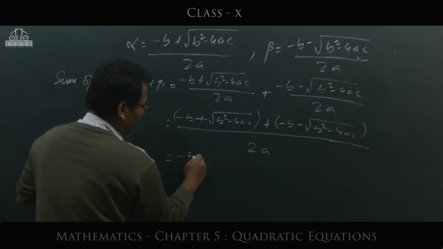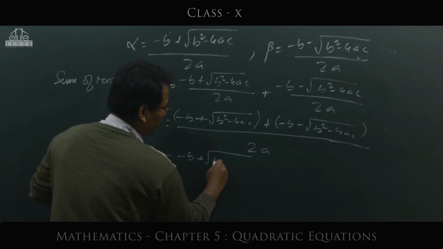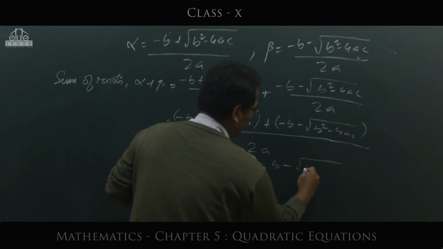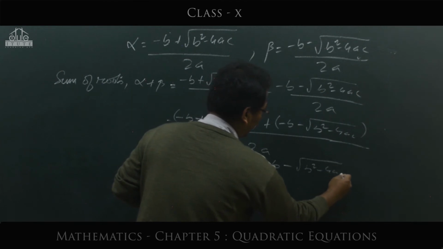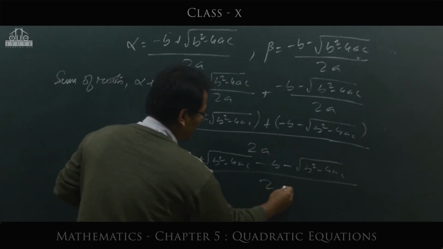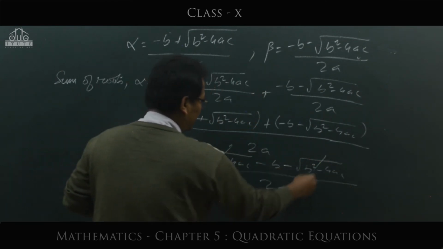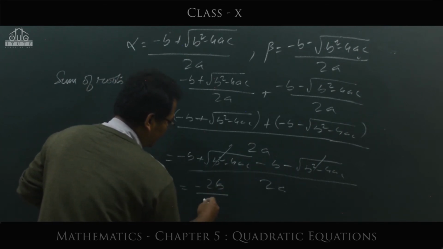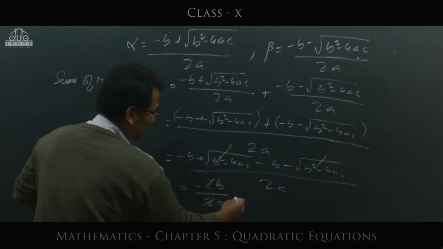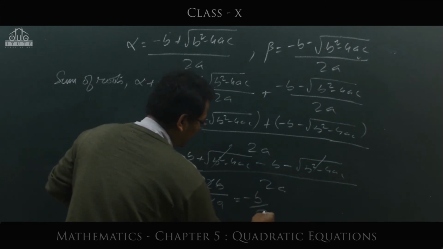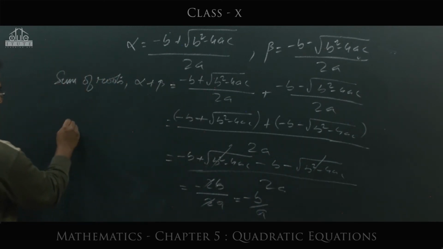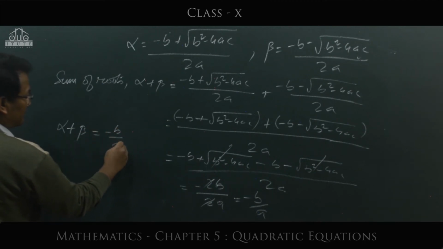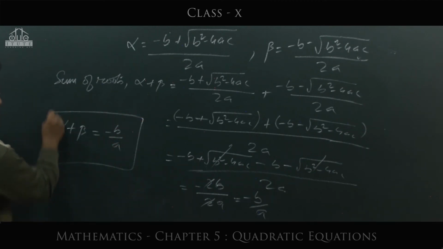So now finally I have minus b plus root over b square minus 4ac minus b minus root over b square minus 4ac divided by twice of a. So this and this cancel, so minus and minus added, so minus twice of b divided by twice of a, 2 cancel, so I have minus b by a. So the sum of roots alpha plus beta is equal to minus b by a. You need to remember this.